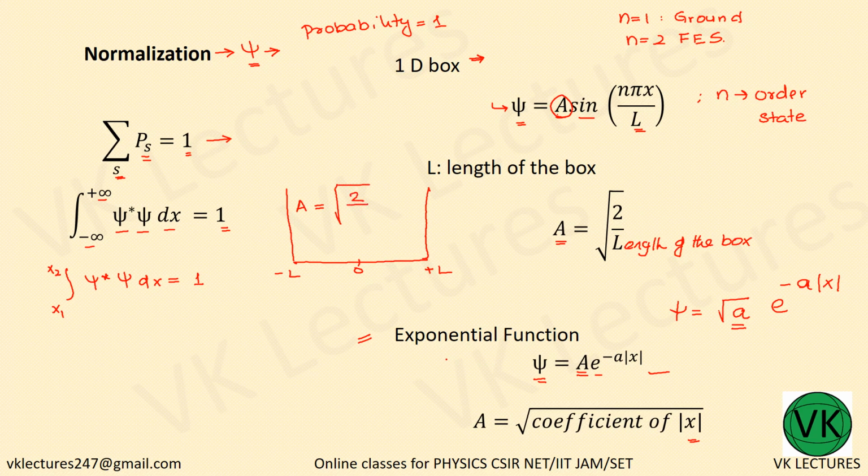What is the length of the box from here to here? That is equal to 2L. So it is root of 2 divided by 2L. Remember, this L represents the length of the box.